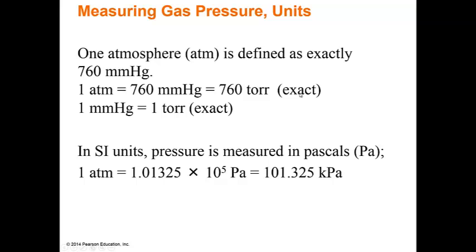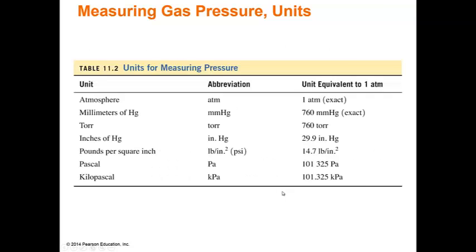The SI unit of pressure is the pascal. So 1 atm equals 1.01325 times 10 to the 5th pascals, equaling 101.325 kilopascals. Remember, the beautiful thing about the metric system is that it's always in 10, so we can convert very easily.